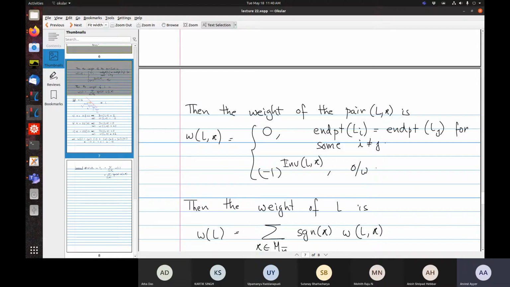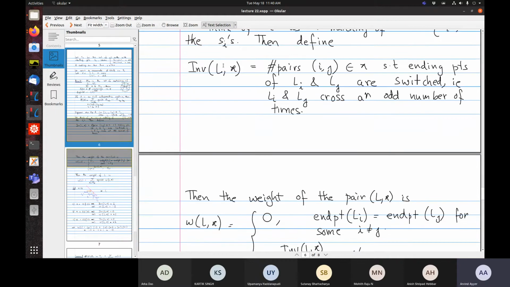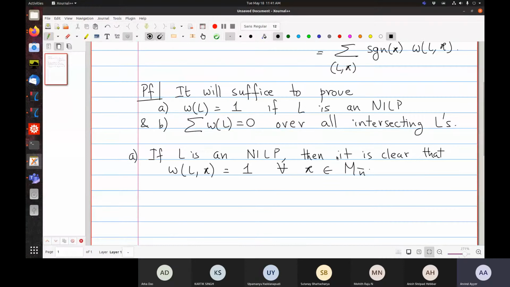It's minus 1 to the number of inversions, where this is the inversion definition. But for any pair ij, they do not get switched, right? So no matter what pi you take, the number of such pairs is going to be 0. Okay, any such pairs ij's, right? So this part is obvious.